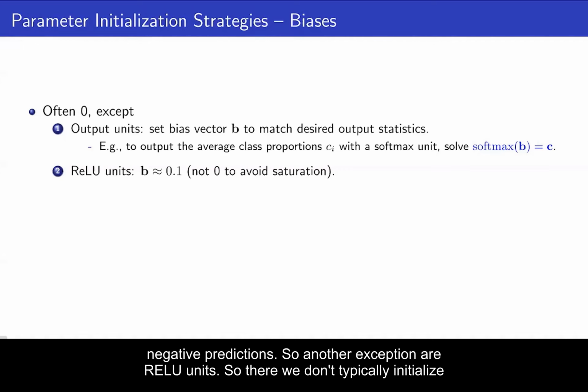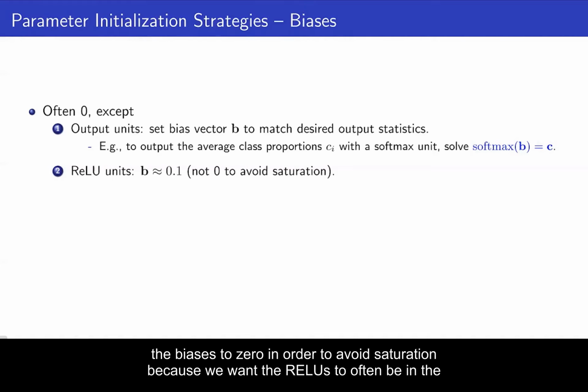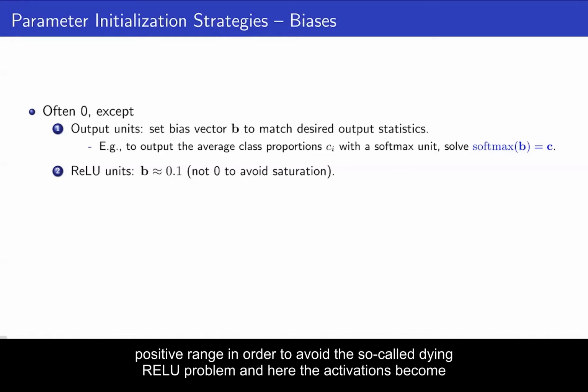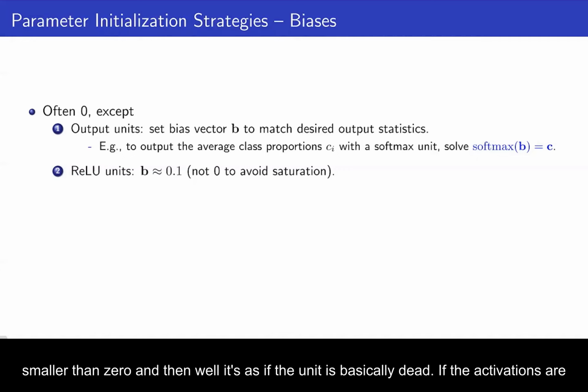So another exception are ReLU units. There we don't typically initialize the biases to 0 in order to avoid saturation, because we want the ReLUs to often be in the positive range in order to avoid the so-called dying ReLU problem. Here the activations become smaller than 0, and then it's as if the unit is basically dead.